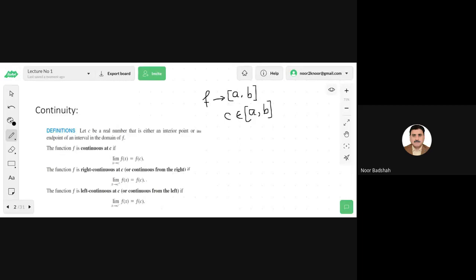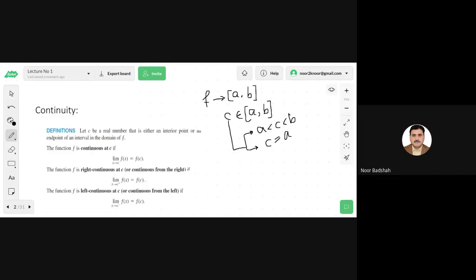Okay, so there are three possibilities. We'll be checking three possibilities for a point C. First, if C is the interior point of the interval, that is, C is between A and B. Interior means C is neither equal to A nor equal to B. Second, if C is equal to A, meaning checking continuity of a function at the left end of the interval.